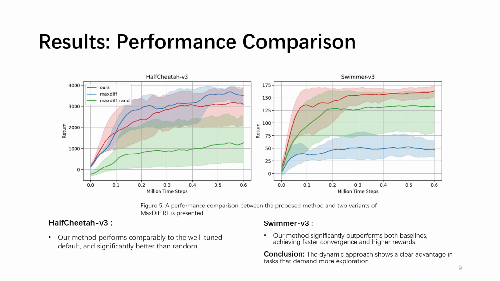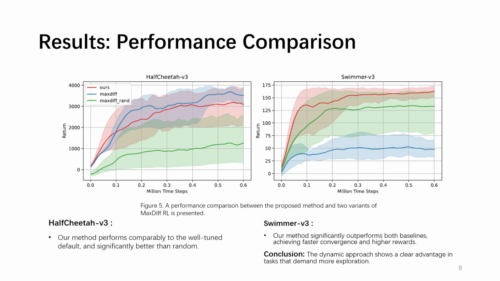Here are our main performance results. The solid lines represent the average cumulative reward, and the shaded areas are the 95% confidence intervals.